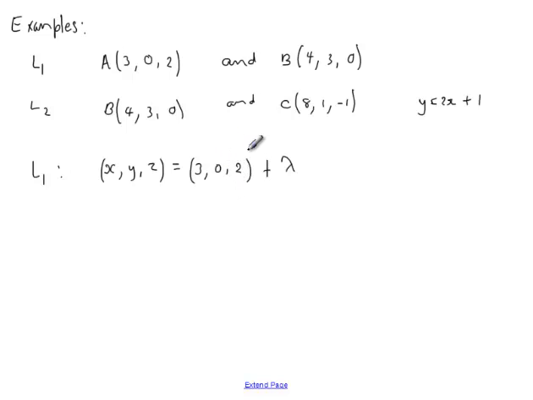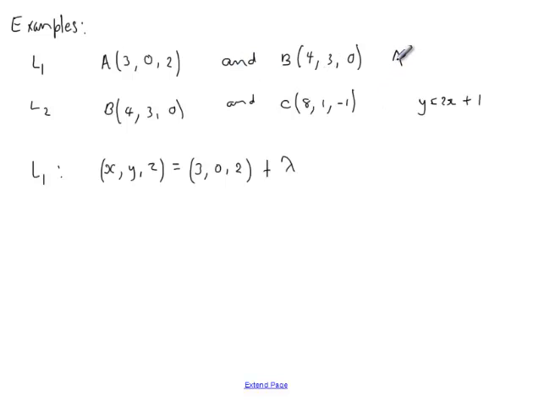But now, what do you get between these 2 points? You get the direction of the line. The direction of the line, we can get it as a vector from A to B.